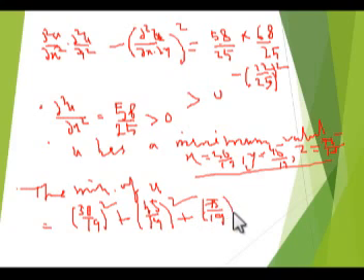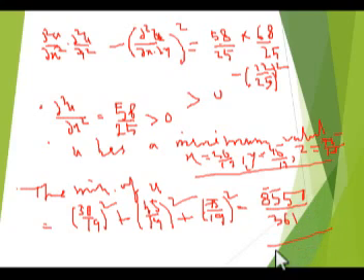So if I calculate it, it will be equal to 8550 by 361. This is the minimum value.